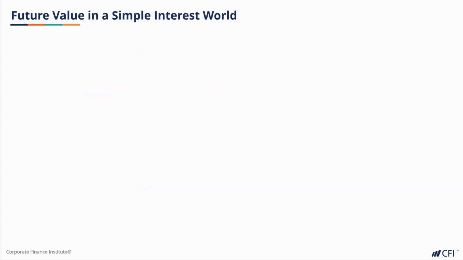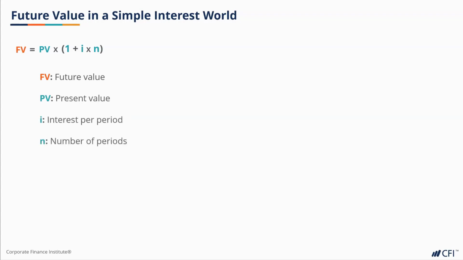Here, we look at how we express this concept of TVM in a mathematical formula. While we could simply use the table from a few slides ago, it would become very laborious if there are a large number of time periods involved. Future value, or FV, is defined as the product of the present value and 1 plus the interest multiplied by the number of periods, or the term.